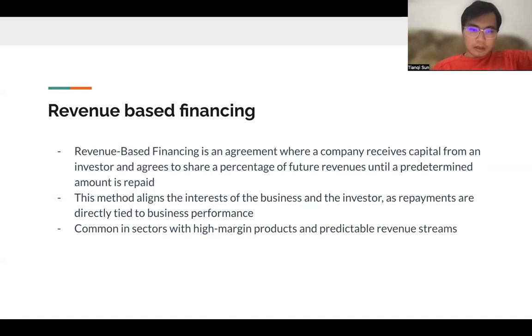This is quite common in sectors with high margin products like jewelry and predictable revenue streams, because it's quite consistent; there's always going to be a need.